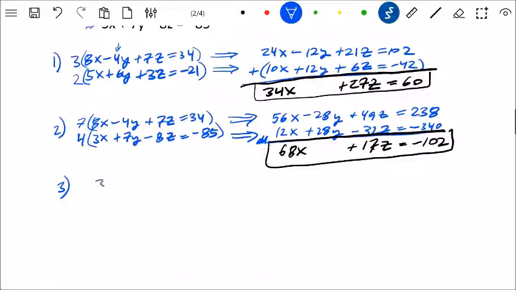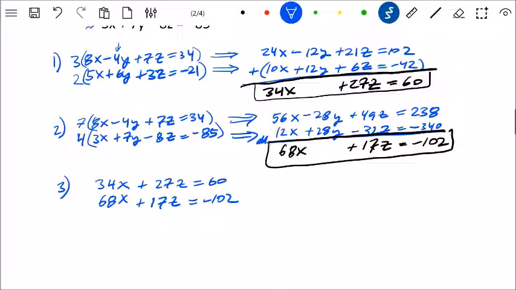So let's put those over on top of each other so we can analyze them and figure out which variable to get rid of next. Okay. So now let's think, what can I do here to multiply it or to get rid of one of these?